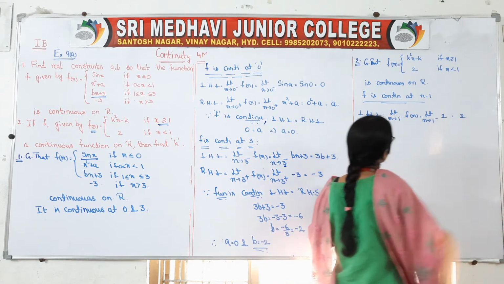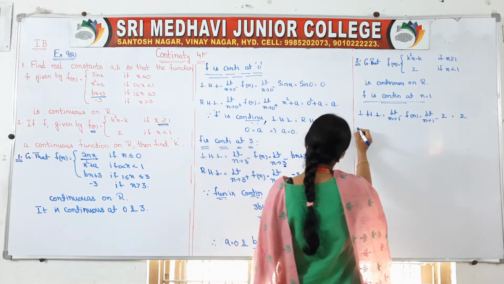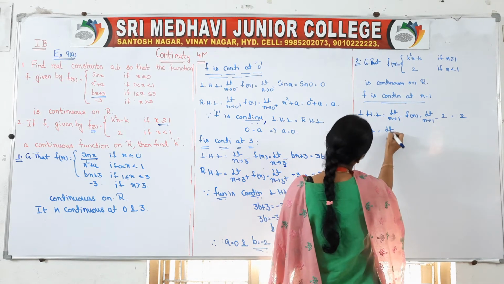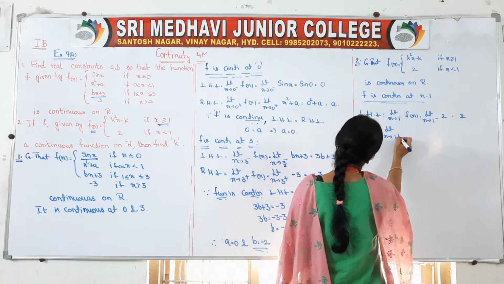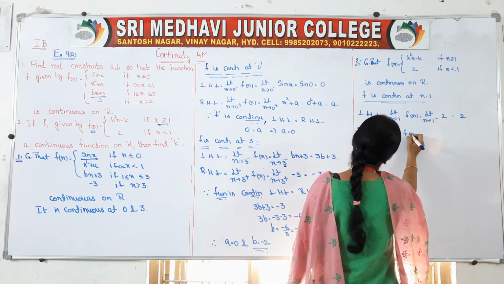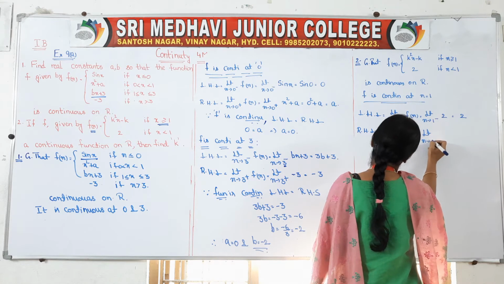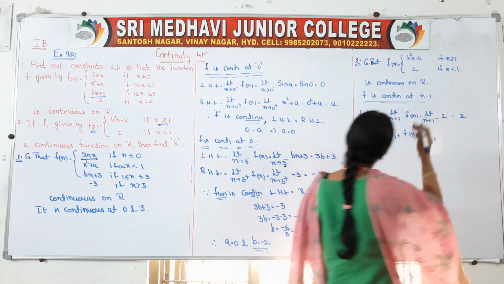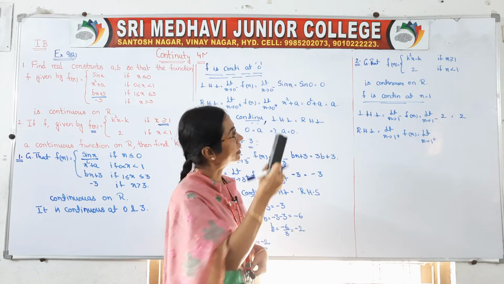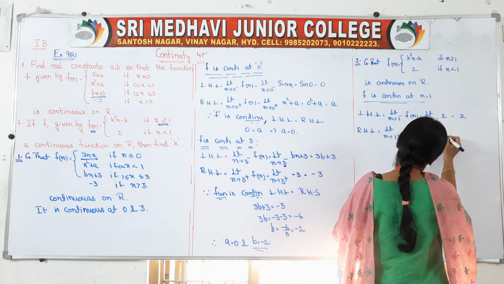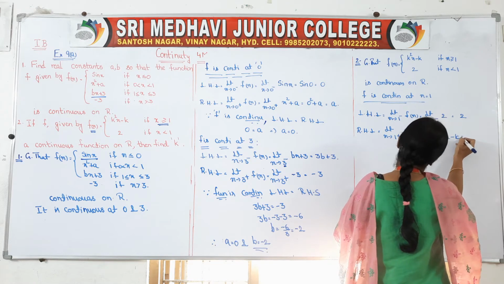So it is equal to 2. Next, right hand limit. So right hand limit is equal to limit x tends to 1 plus f of x is equal to limit x tends to 1 plus; whenever x value is greater than 1, the function is defined as k square x minus k.